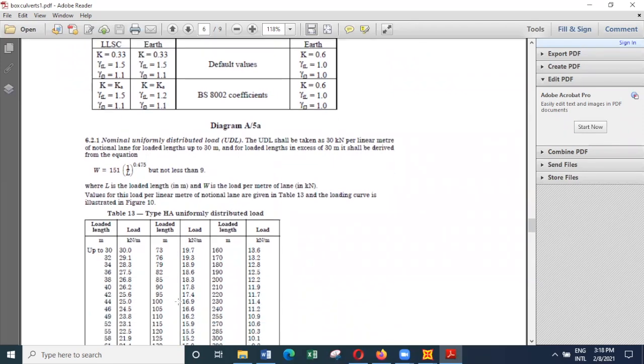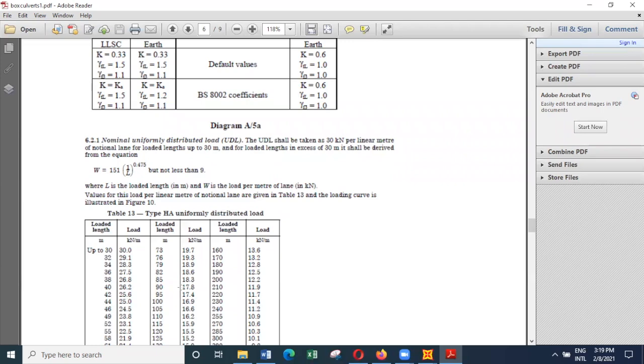So if you look at Eurocode loads, they also consist of this kind of uniformly distributed load. But in addition to the uniformly distributed load, they actually specify two more axles.